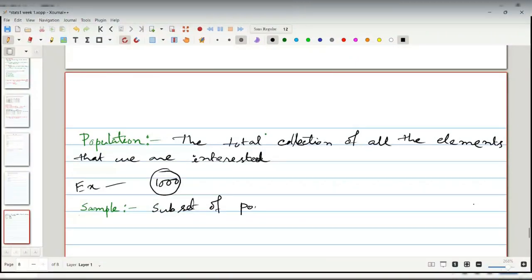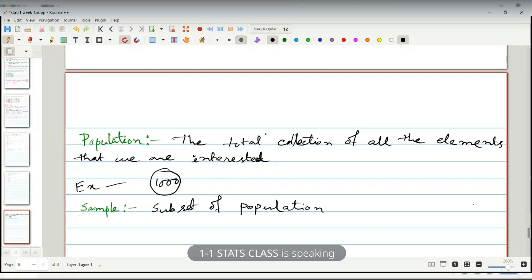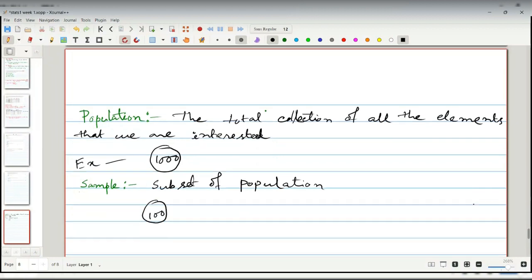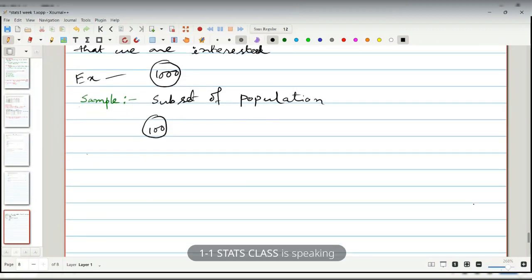So 1,000 students of different states of India is a population. Now, a sample is, if from the 1,000 students we take 100 students, then these 100 students will be our sample. Okay, let's take another example.